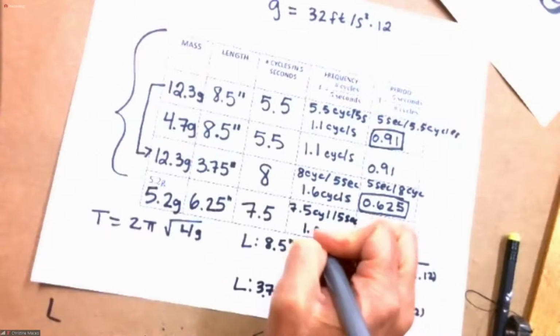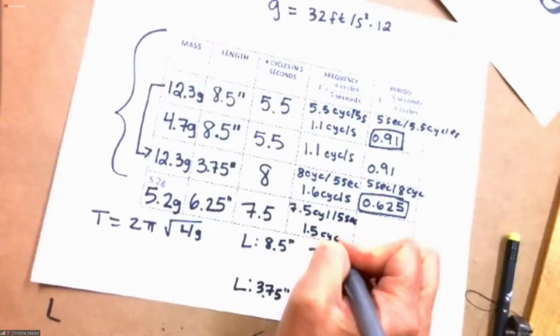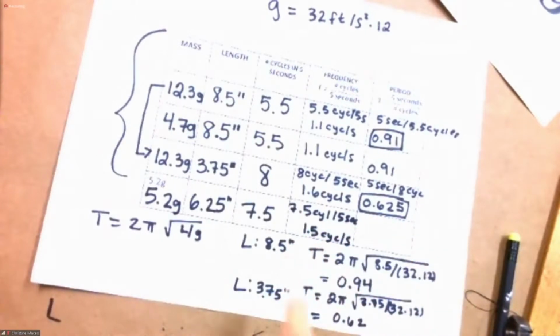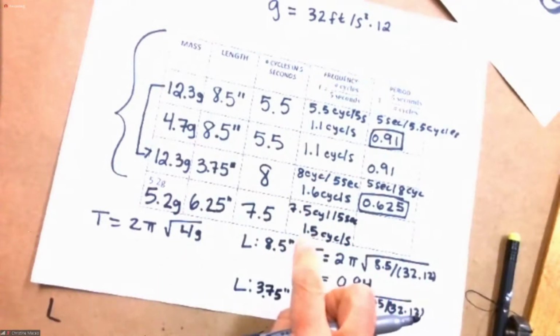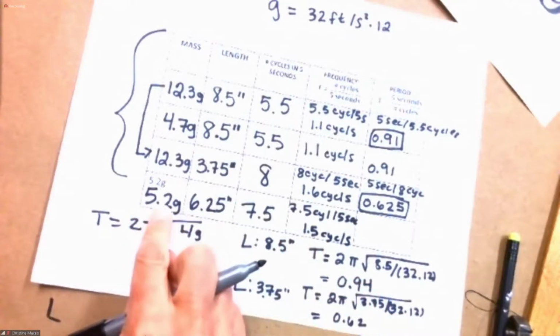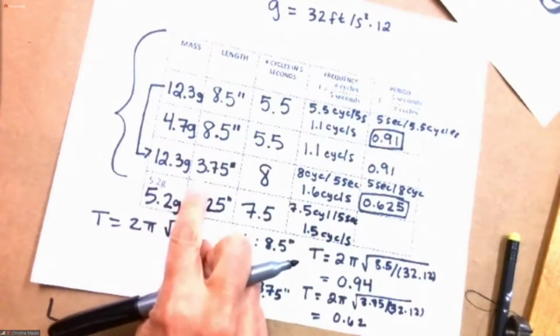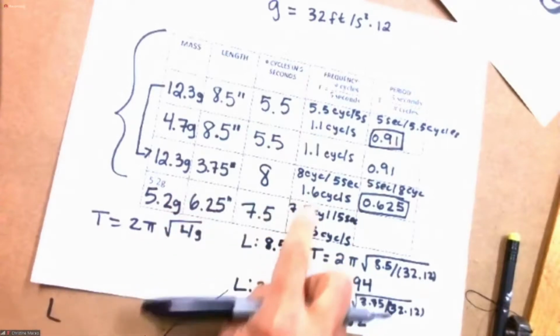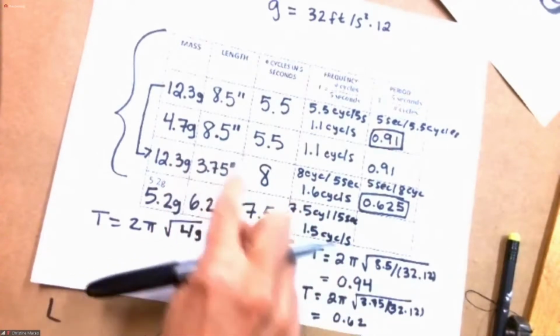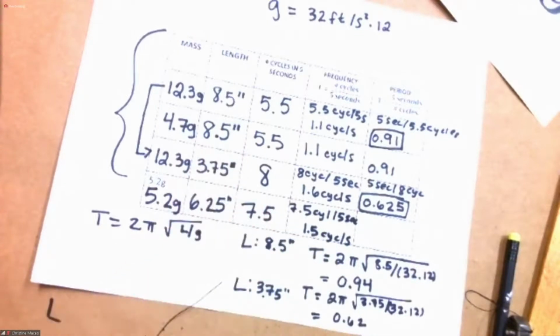That's actually 1.5 cycles per second. And if I look at the data that I've taken here, I have 1.5 cycles per second for this rod pendulum, which was 6.25 inches long. And it's almost the same frequency as I got for the really, really short pendulum here.